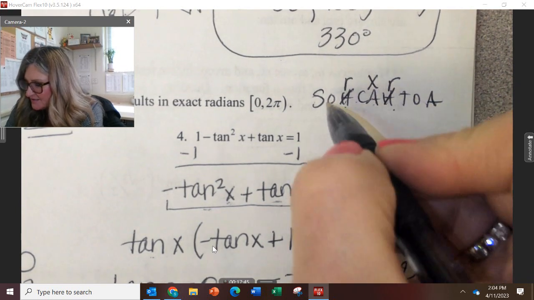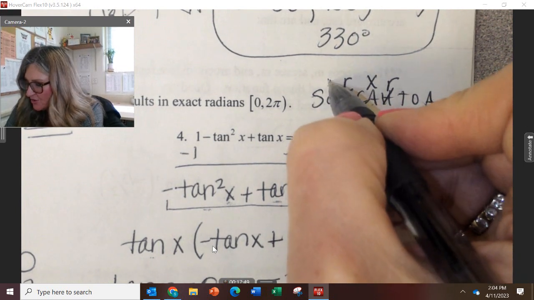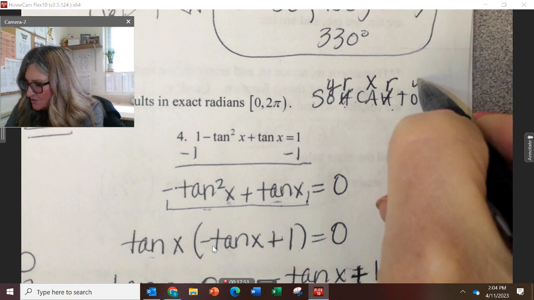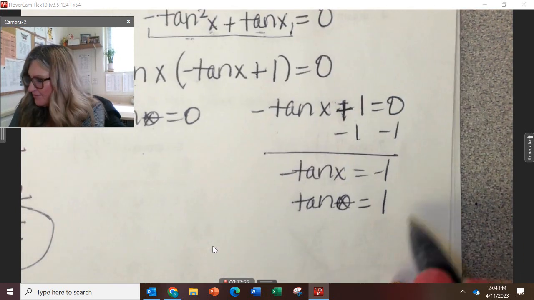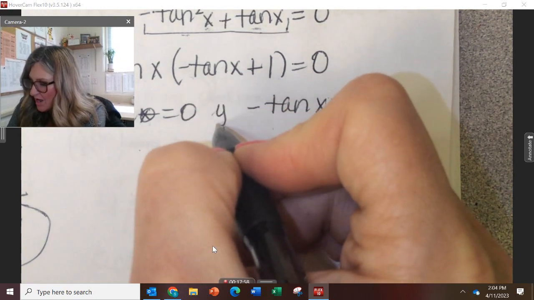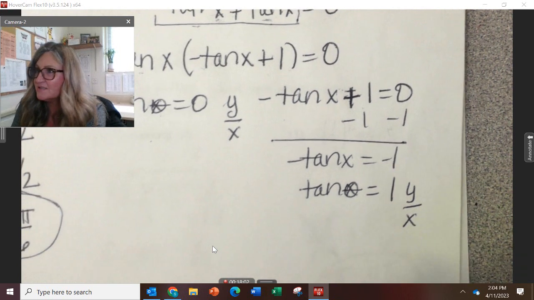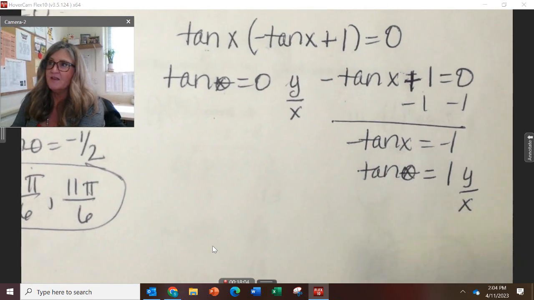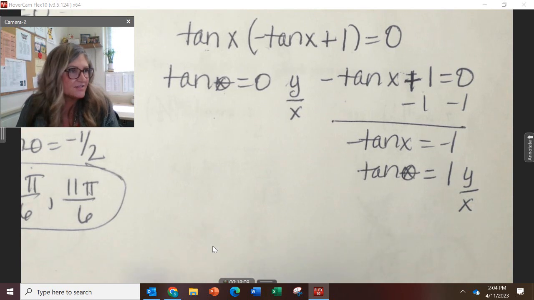That's X. Y alphabetically comes after X, and O comes after. That's Y. This is Y. This is X. So what's tangent? Y over X. So this is Y over X. This is Y over X. You guys solve it now. I'll tell you that you should get 4 answers.